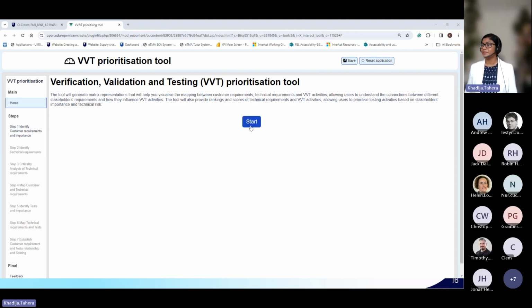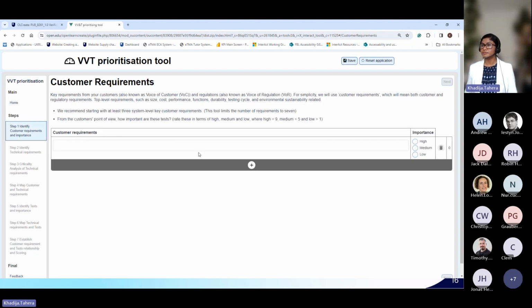At the beginning, it talks a little bit about what the tool is about. On the left side, you can see the steps. Once I start, looking back at the process I have explained, it's asking what the key customer requirements are.